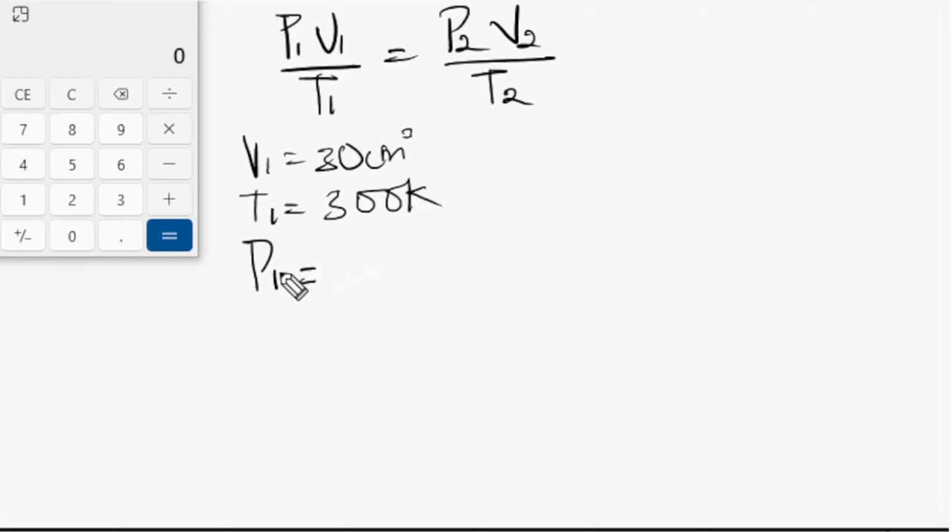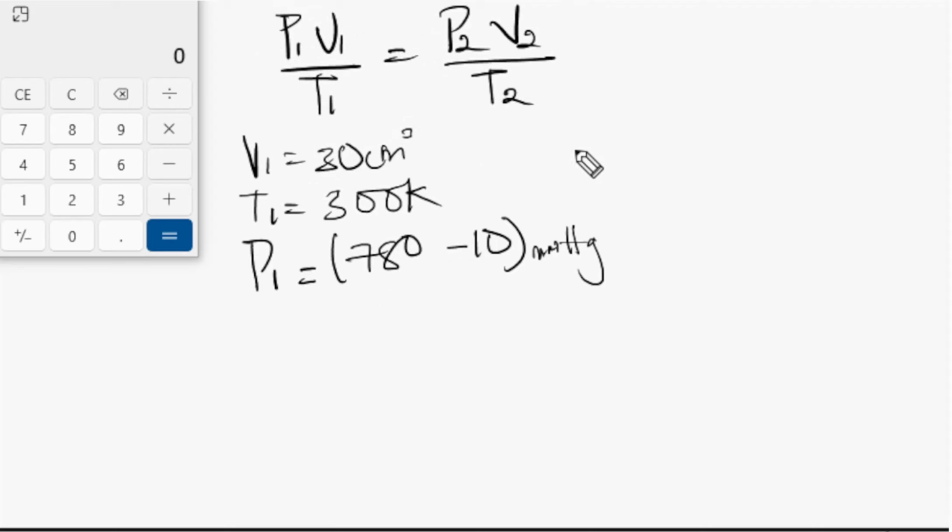So in order for us to get the pressure for the hydrogen, we are going to just do the total pressure, which is 780 millimeters of mercury, then minus 10 for the water. So that would be like 770 millimeters of mercury. So this is all for these parts.